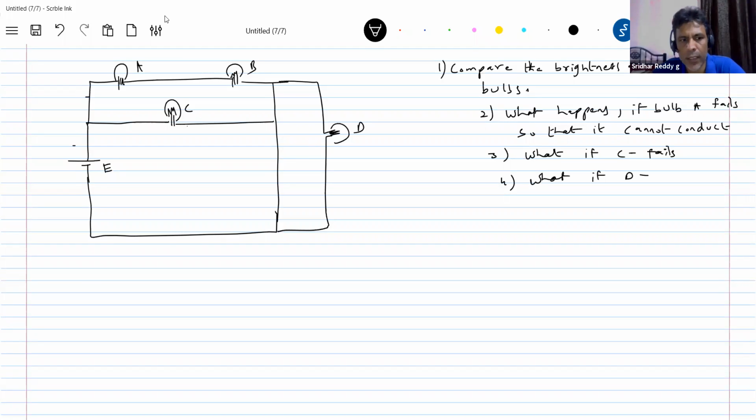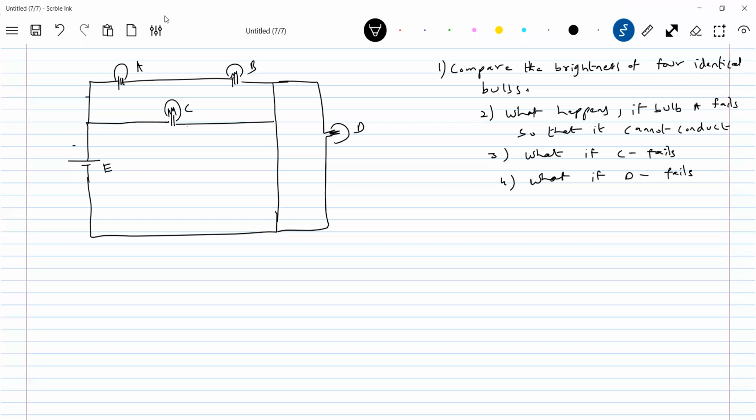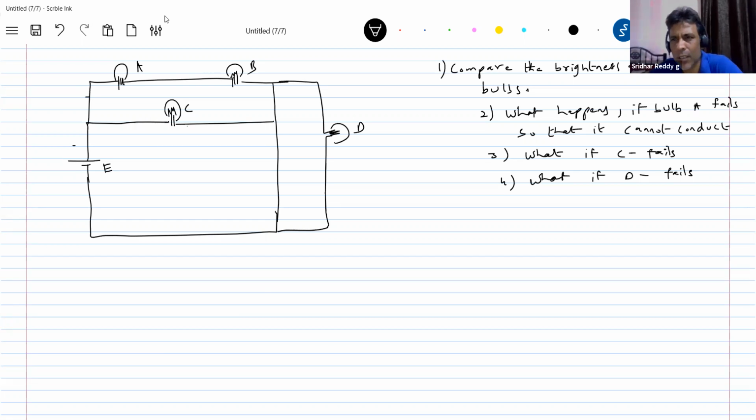What if D fails? What do you mean by fails? The bulb itself, what happens? It will become an open circuit. Fails means open circuit. You can write it here. Fails means the particular filament will get cut, then become open circuit.